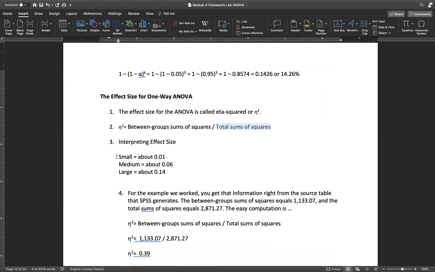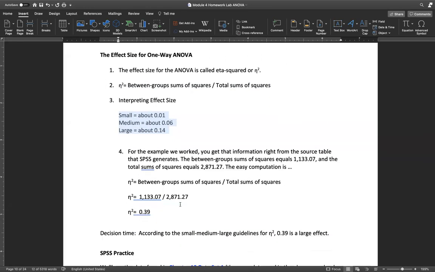This is our little cheat sheet for interpreting whether it's small, medium, or large, because remember, we report our effect size as small, medium, or large. We plug in those numbers from that beautiful chart we created up above, and it gives us an eta of 0.39. According to the small, medium, large guidelines for eta squared, 0.39 is a large effect.